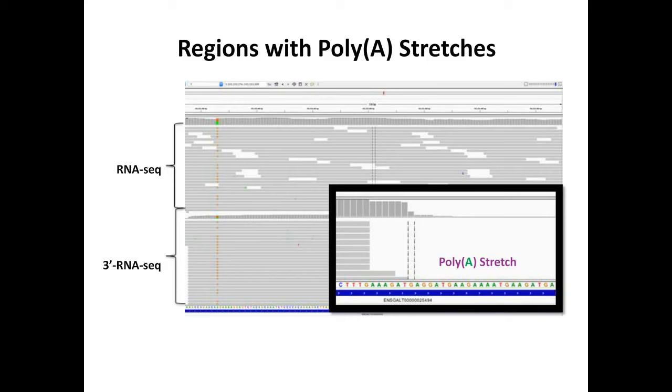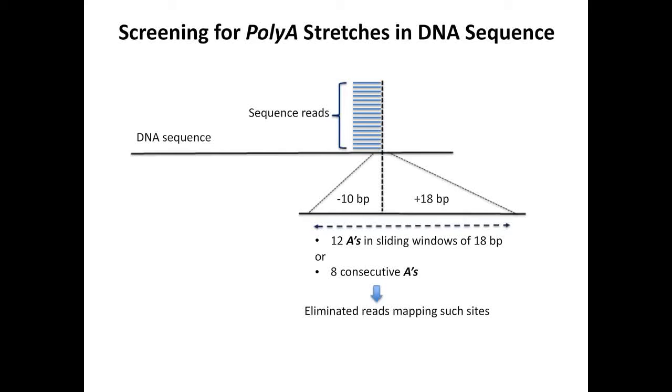The reason we see the reads here is that upstream of this read, there is a poly-A stretch. So to fix this problem, we looked at all these transcripts. For example, when we found a location where our 3' RNA-seq data map, we consider the endpoint here.